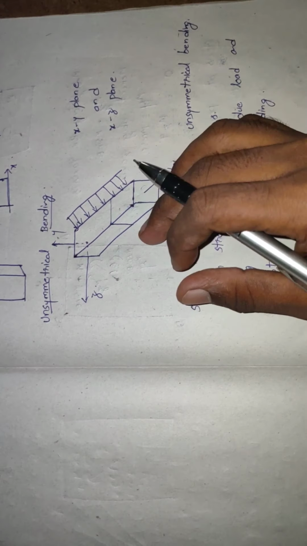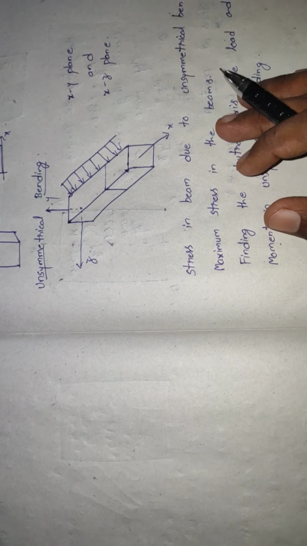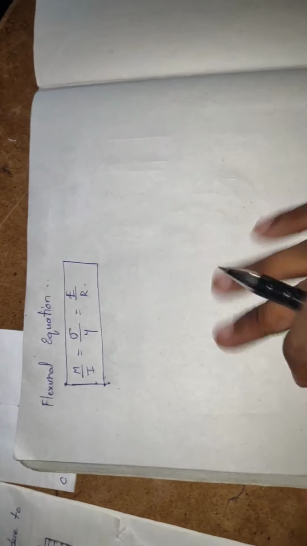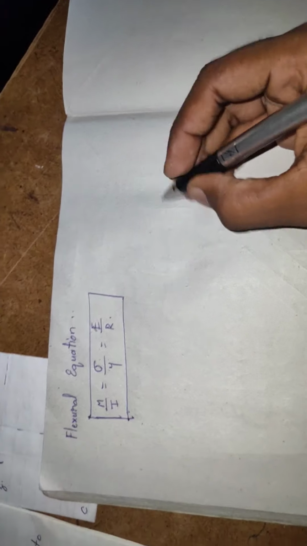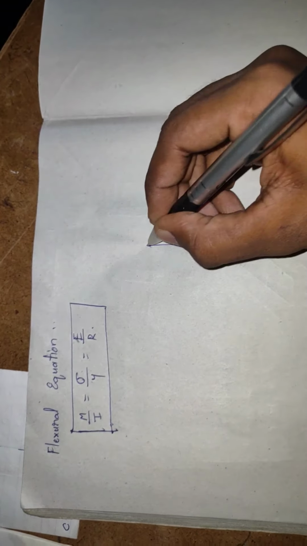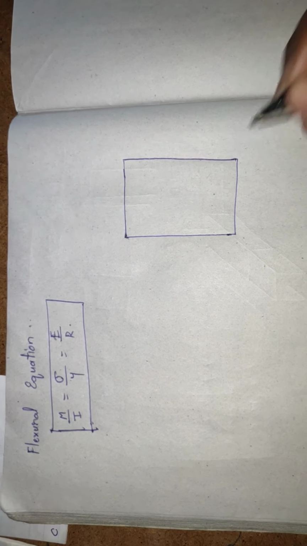Now let me take, as shown in the figure, this is the beam. Let me take a small cross section of the beam so that we can analyze the complete beam by taking the small section. This is the small cross section of the beam.